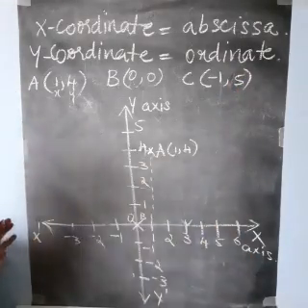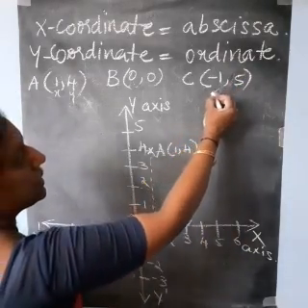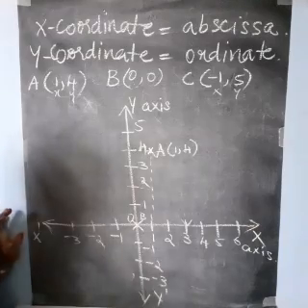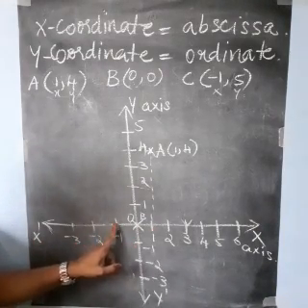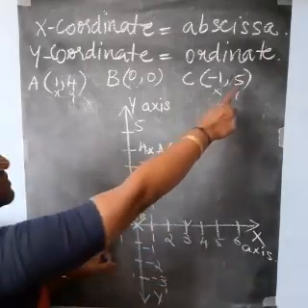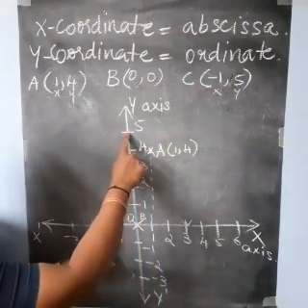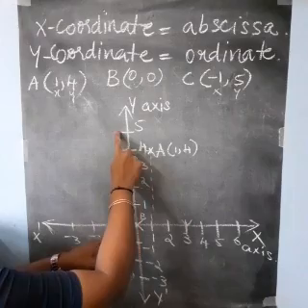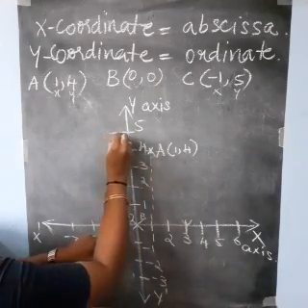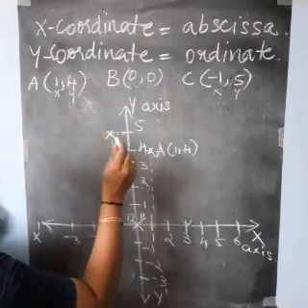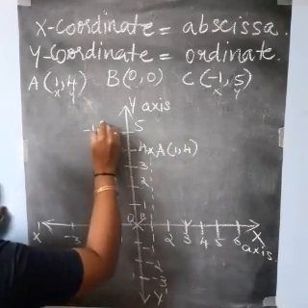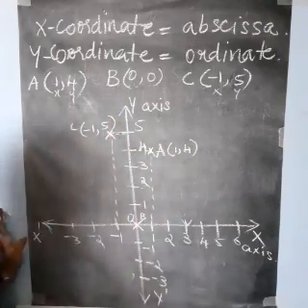This is my x coordinate and this is my y coordinate. X coordinate is -1, so on the x-axis you will look for -1, and on the y-axis you look for +5. +5 is on top. So when you draw the line here and this line, the meeting point will be -1, 5, which is C. Have you got it?